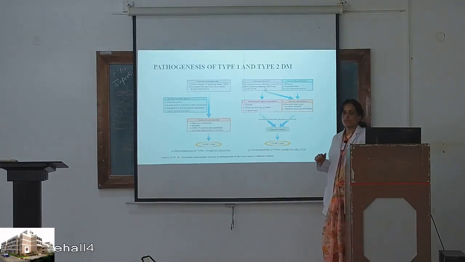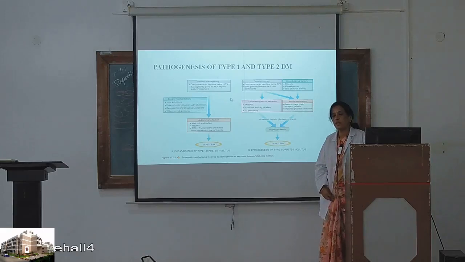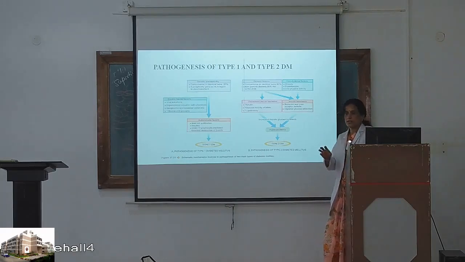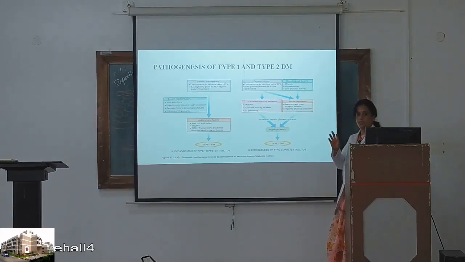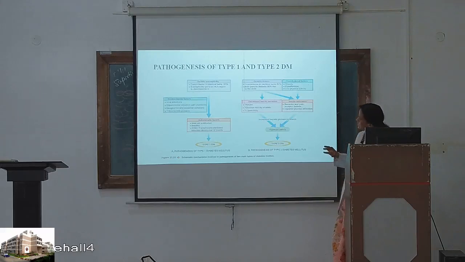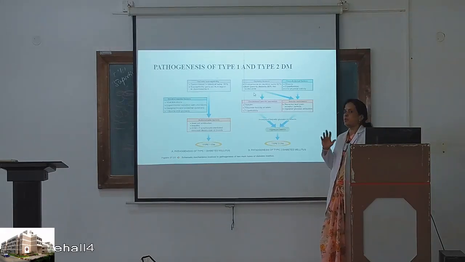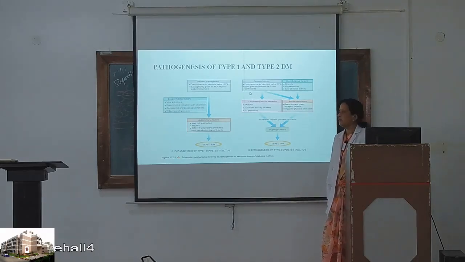Now the question arises: my parents have diabetes mellitus, do I get diabetes mellitus? If both parents are diabetic, then the chance of the child getting diabetes is 50%. So 50% of children can get this.